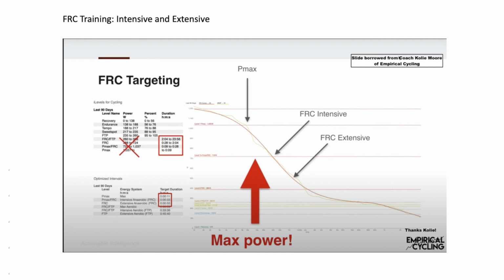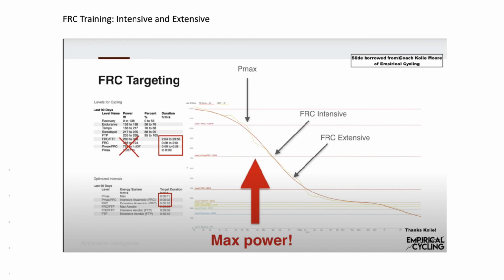But here, what we're looking at is an athlete's power duration curve in red, and you can see where Pmax is defined, and that's right 5 seconds or lower. And then you can see the FRC intensive coming about right around 20-30 seconds, and FRC extensive somewhere around that 50 to 60 second power duration.